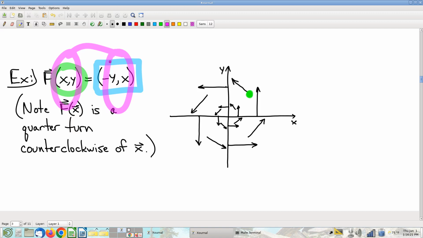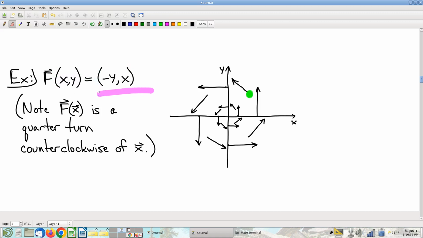That means that these two vectors, the position vector for the point xy and the field vector negative y comma x, are orthogonal. And as long as we're not at the origin, they are perpendicular. And they furthermore have the same magnitude. Both of these, viewed as vectors, have the exact same magnitude, square root of x squared plus y squared. So, same magnitude, but perpendicular.